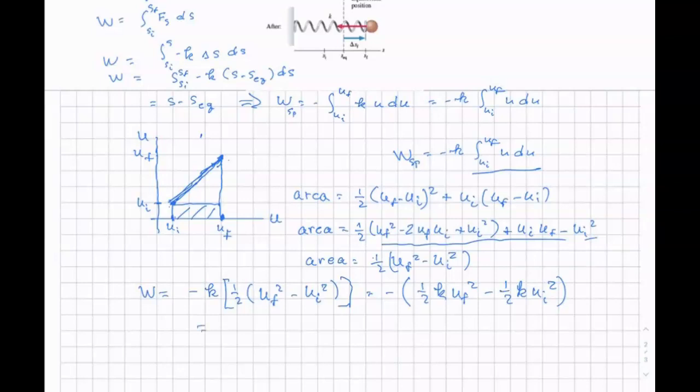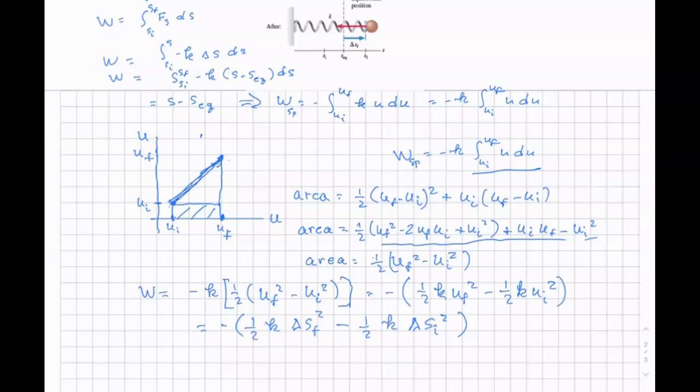Which we can rewrite as minus 1/2 K times delta S final squared minus 1/2 K delta S initial squared, which is the result that they show in the book.